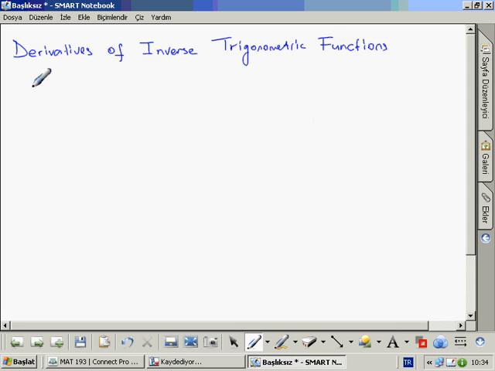Example: del over del x of inverse sine x squared, okay, and it equals del over del x of y.